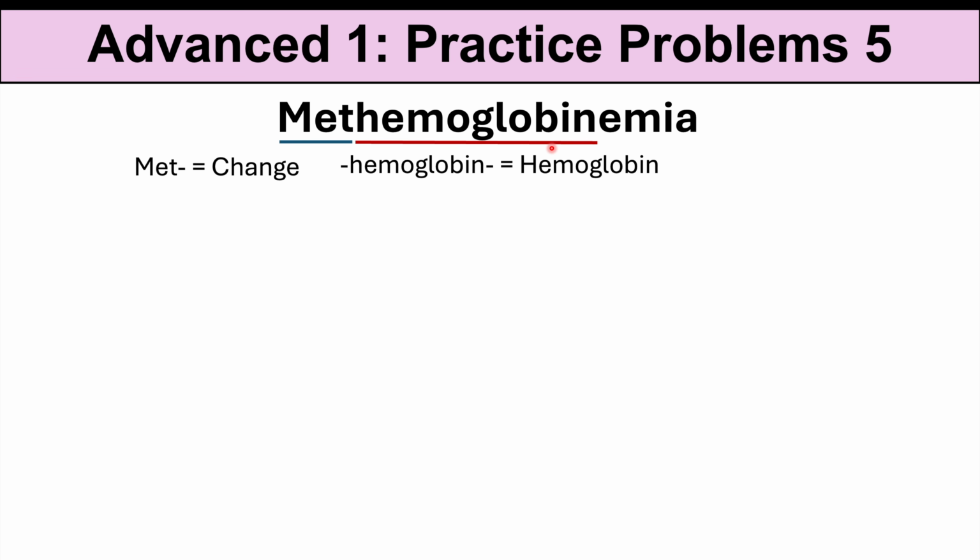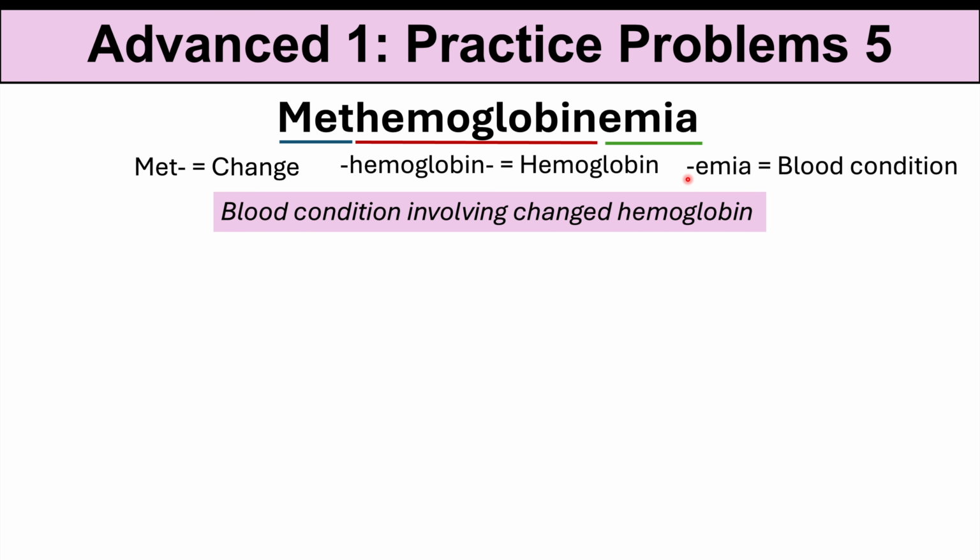That's easy. That's going to be referring to hemoglobin. And emia is a suffix that refers more specifically to a blood condition. So methemoglobinemia means a blood condition involving changed hemoglobin. And methemoglobinemia is actually a condition involving changes to the iron components of hemoglobin changing to another ionic state.